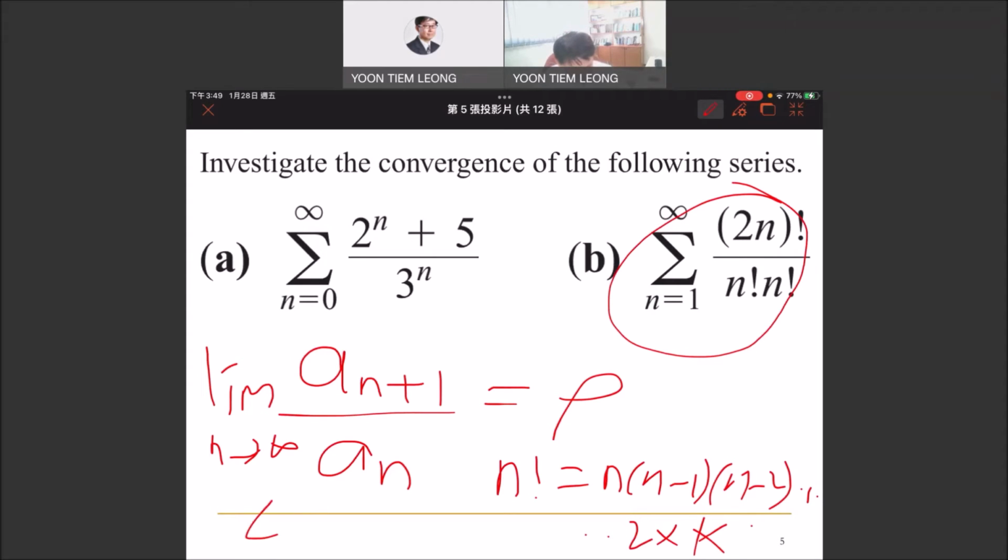So for example, 4 factorial is just equal to 4 times 3 times 2 times 1.